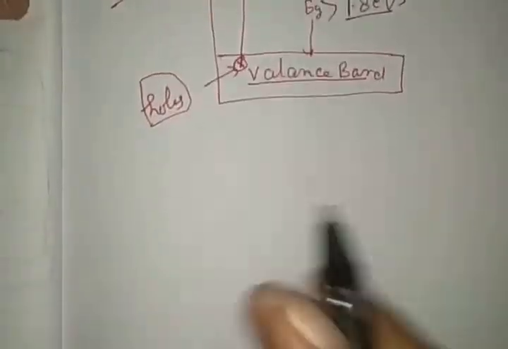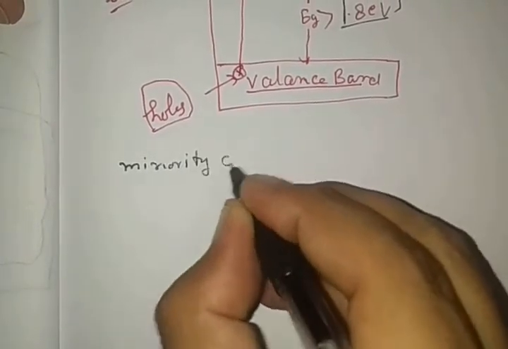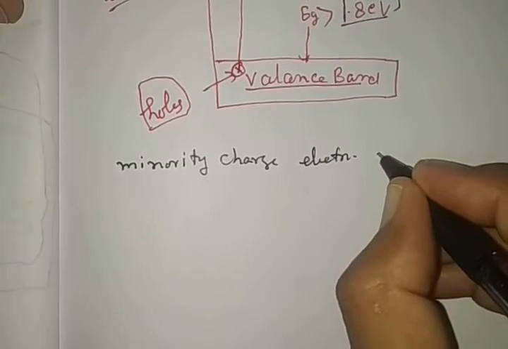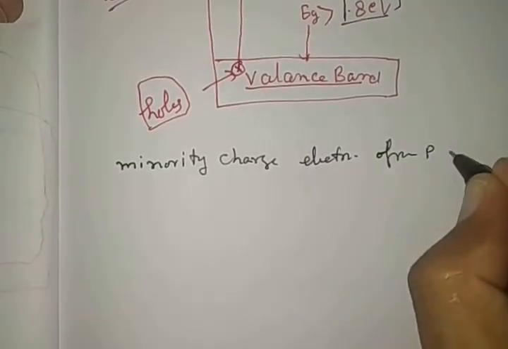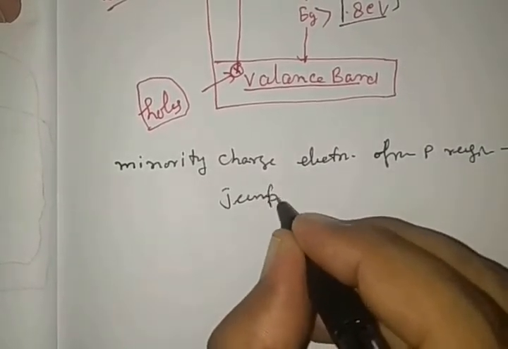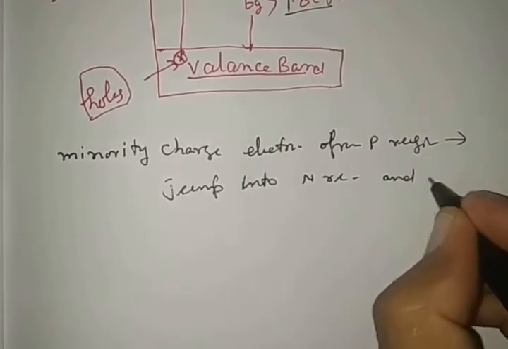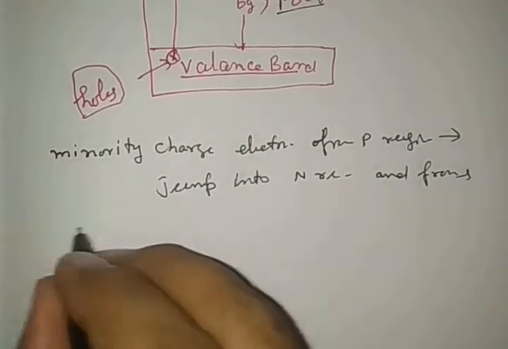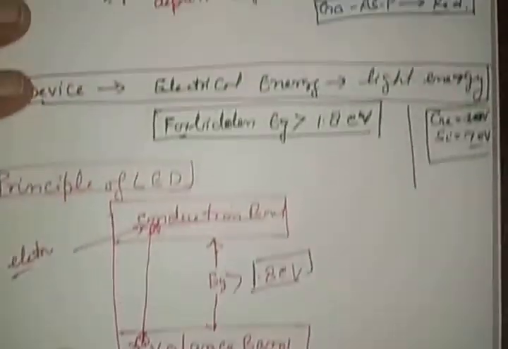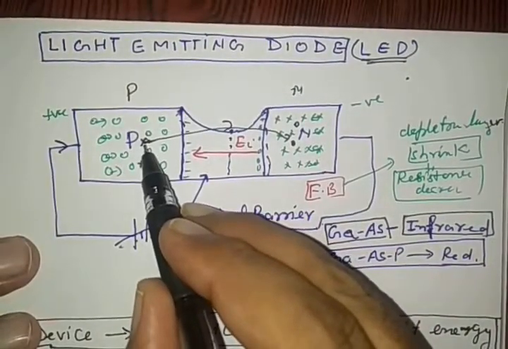So right here, the minority charge carrier electrons from the P region jump into the N region and form a reverse current.